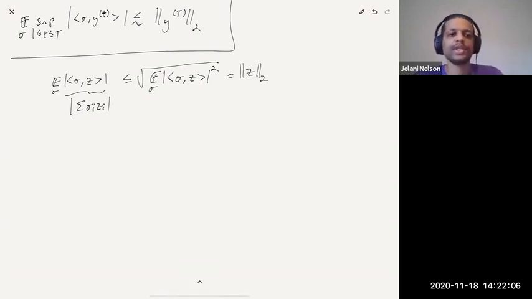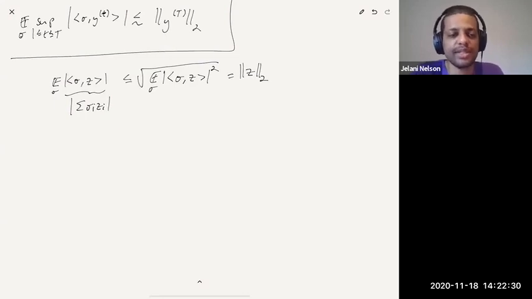Okay. So if you look at any individual dot product, the expectation of that dot product is at most the norm of the vector. But this is not just talking about the expectation of one dot product. It's talking about the expectation of the max of all the dot products. Imagine that they were not random signs, but Gaussians. What I'm going to talk about will hold for Gaussians too.